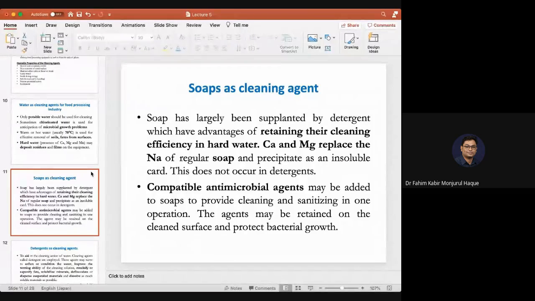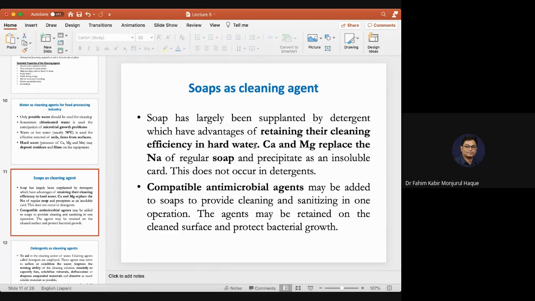Soap has some problems, and the biggest problem is if we use hard water, then soap reacts with the salt, the ions of the hard water, and it creates wastage. It creates something like an insoluble curd-like thing. So it's better if we can avoid soap. In fact, soap is not used that much for cleaning purposes.